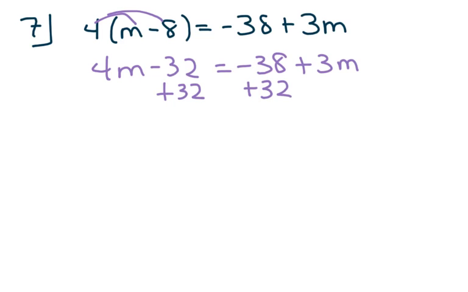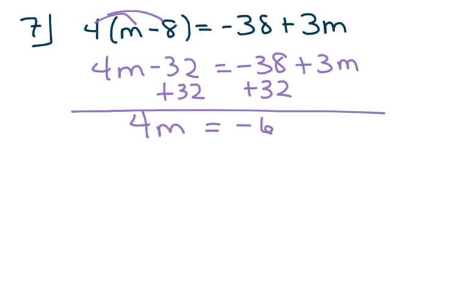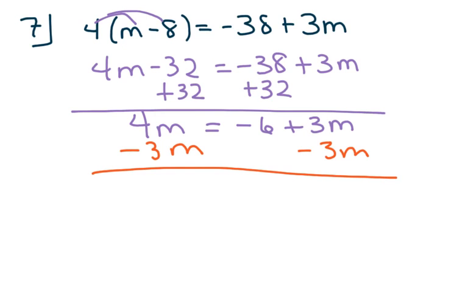And remember, you can only add to like terms, so you get 4m equals negative 6 plus 3m. And then I'm going to subtract 3m from both sides here. And you get m equals negative 6. So my solution set is negative 6.